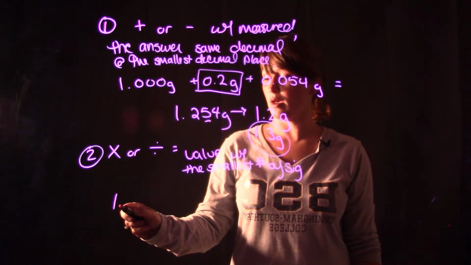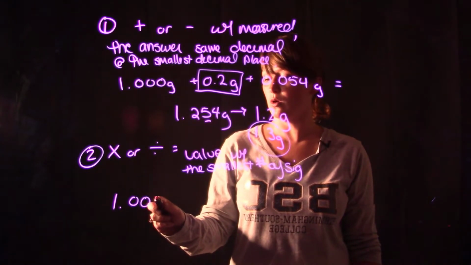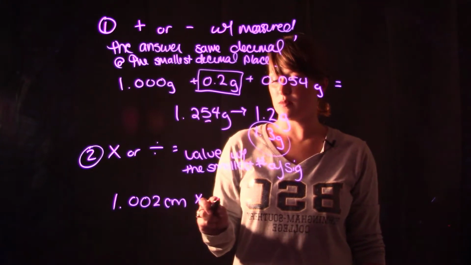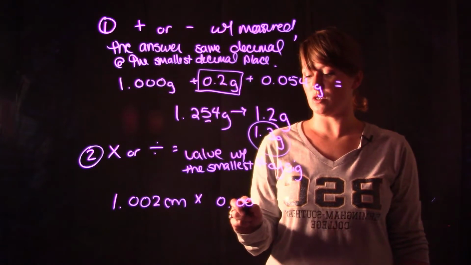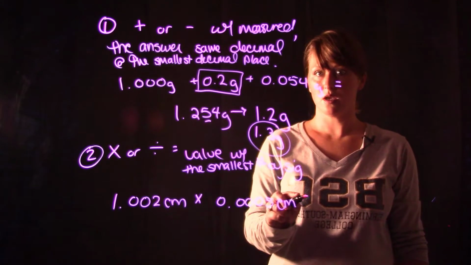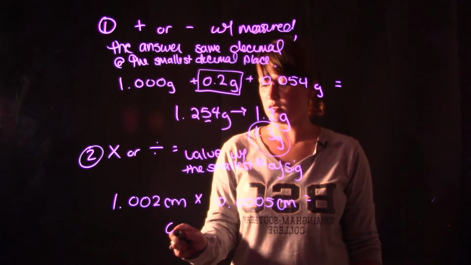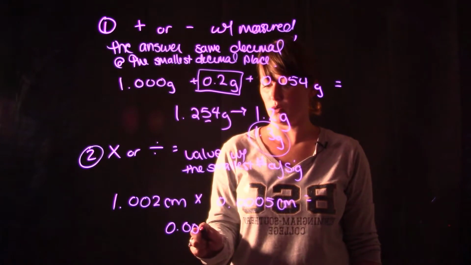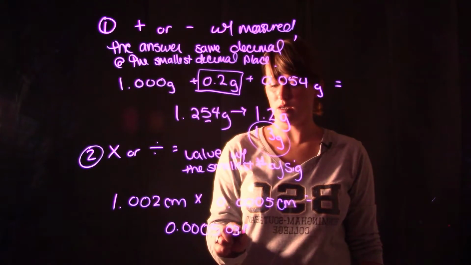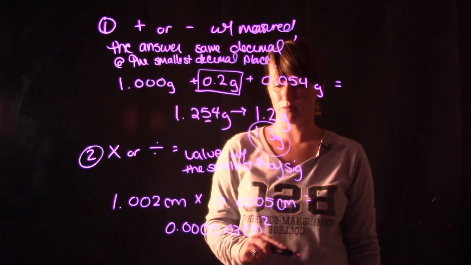If we multiply 1.002 centimeters times 0.0005 centimeters, we end up with a value that's 0.000503 centimeters squared.